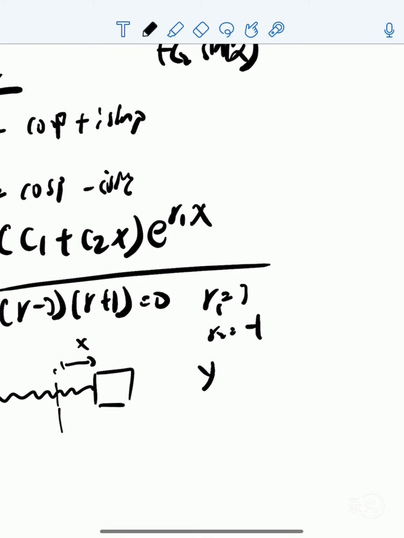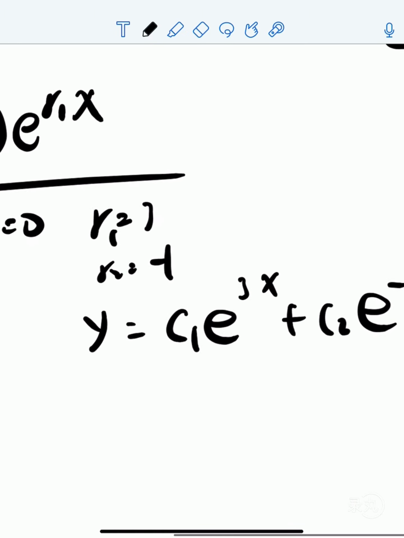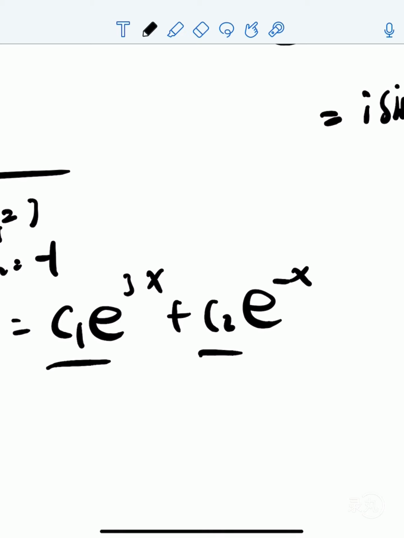So the solution now is c1 e^(3x) and c2 e^(-x). And for c1 and c2, they depend on the initial conditions of the function, so I'll talk about it later.